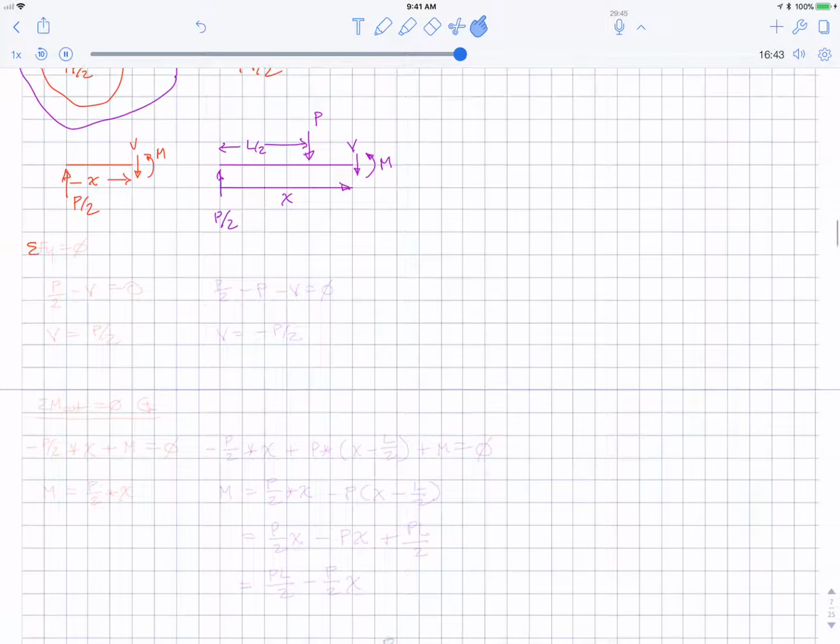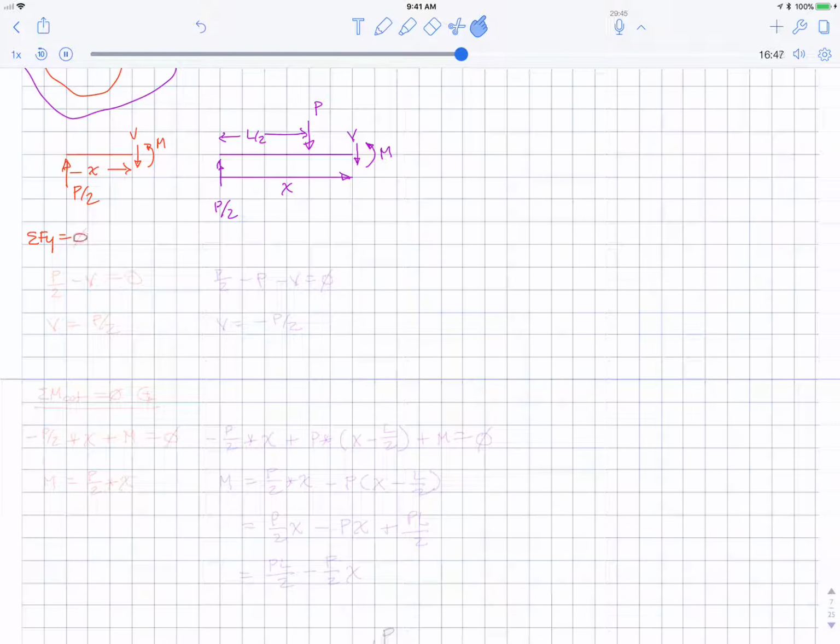We'll have sum Fy equals 0. We have P over 2 going up minus V coming down equals 0, or V equals P over 2. On the purple side, we'll have P over 2 going up minus P going down.